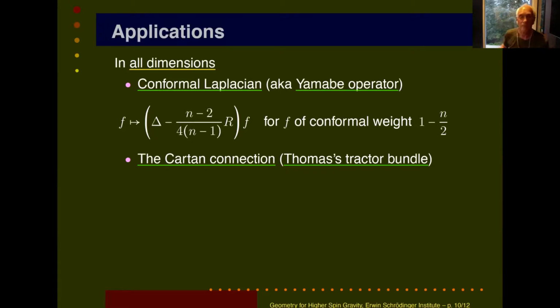Right, so now I should mention that the Cartan connection, which was invented in about, I don't know, 1923, something like that, by Elie Cartan, was reinvented, but in a completely different way, by Tracy Yerkes Thomas in 1926, roughly speaking.